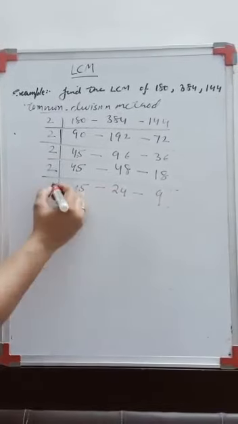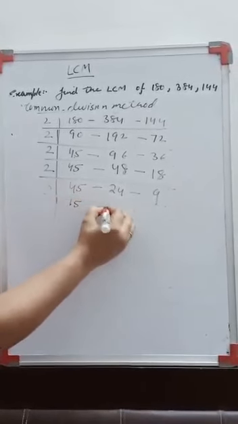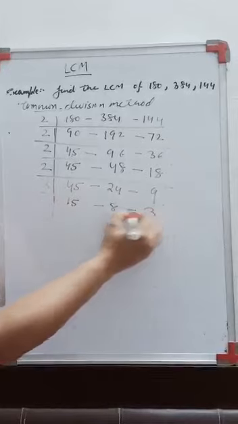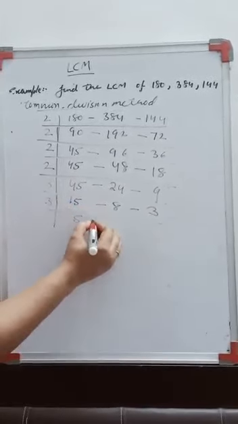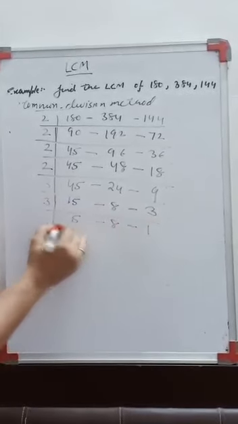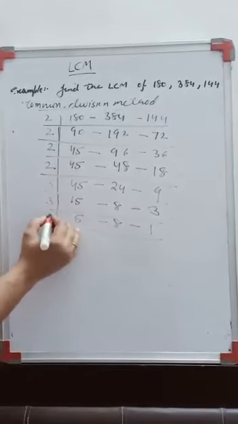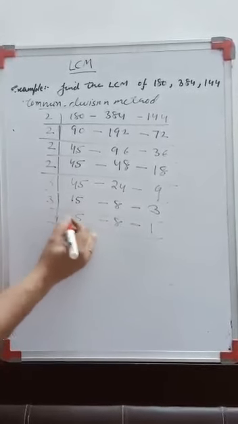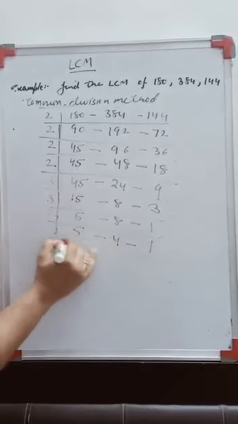Next, what is the common factor? Can I write 3? 3 1s are 3, 3 5s are 15, 3 8s are 24, 3 3s are 9. Then 15, 8 and 3. See, 8 has the factor of 2, 5 as it is, 2 4s are 8.